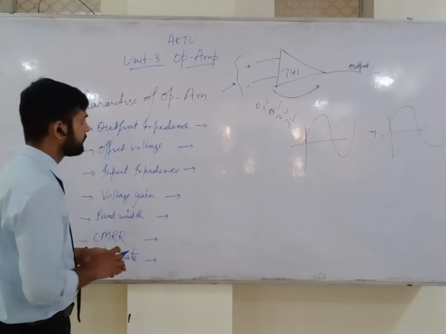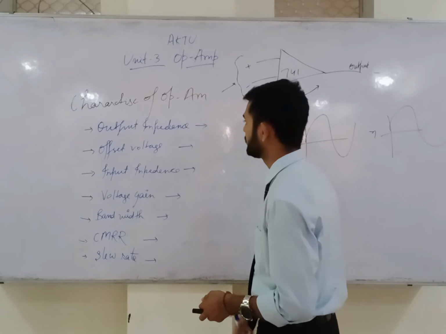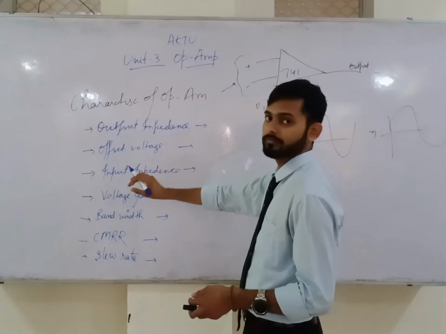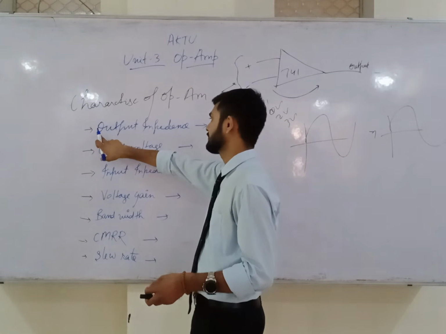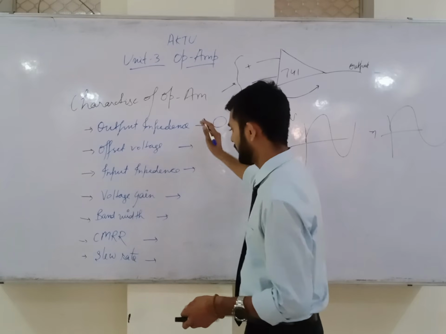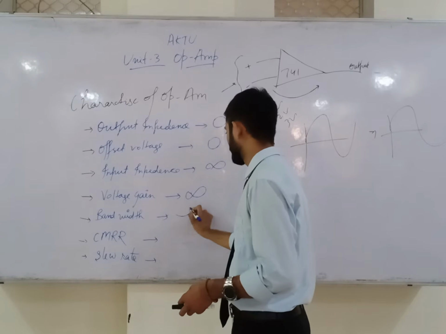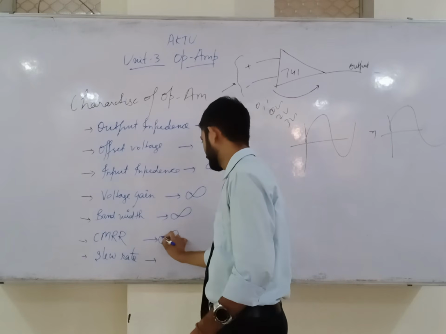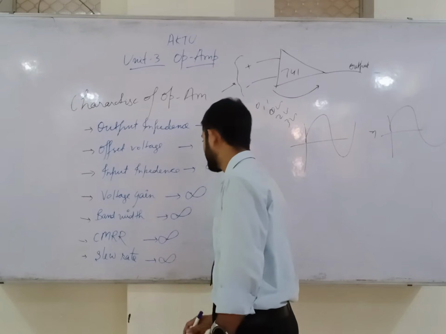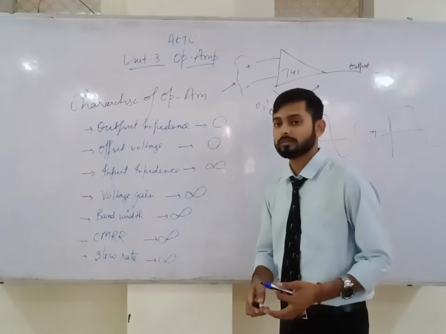Now we say that there are seven characteristics of op-amp, where the first two start from 0, and the rest are infinite. This is the matter of learning the characteristics of op-amp.